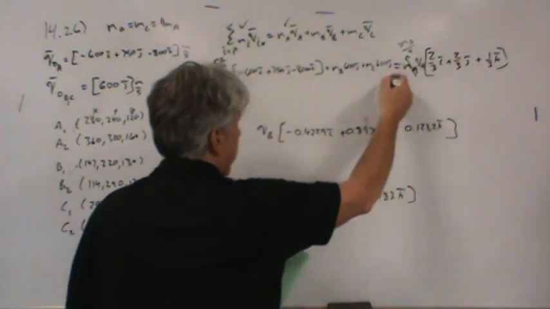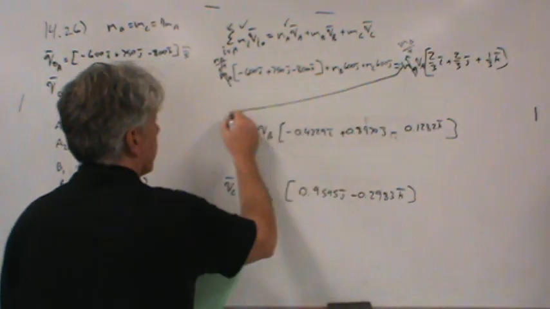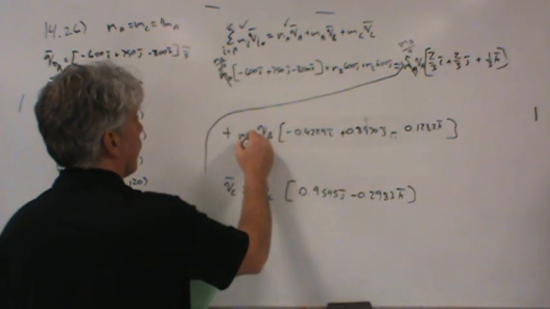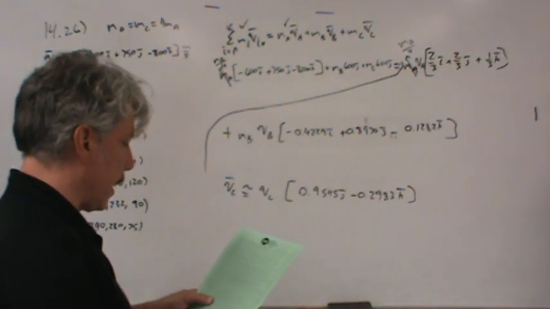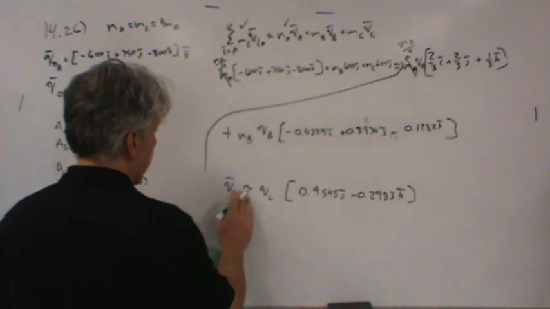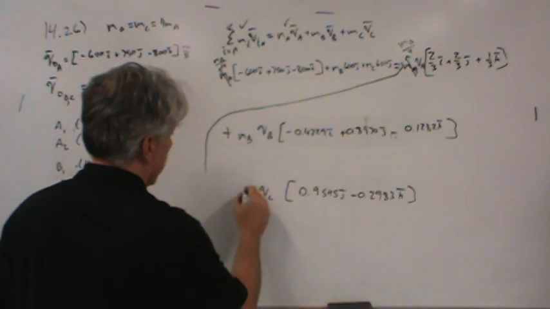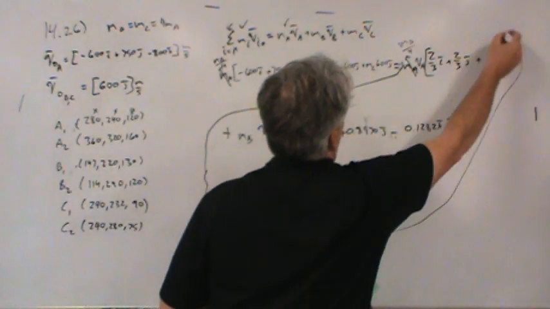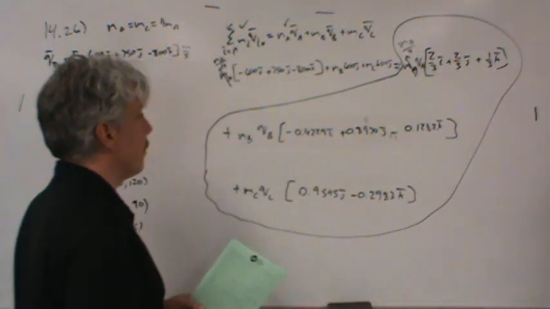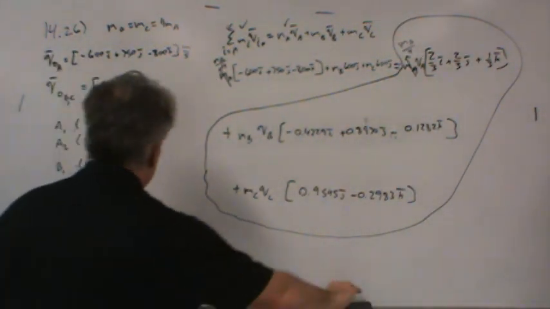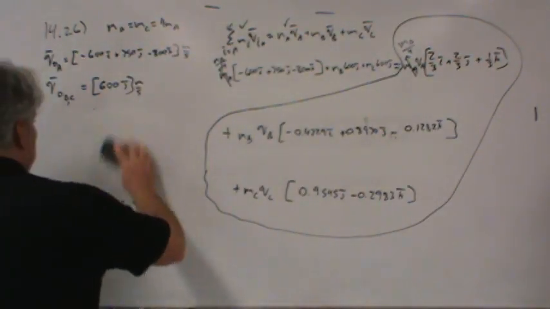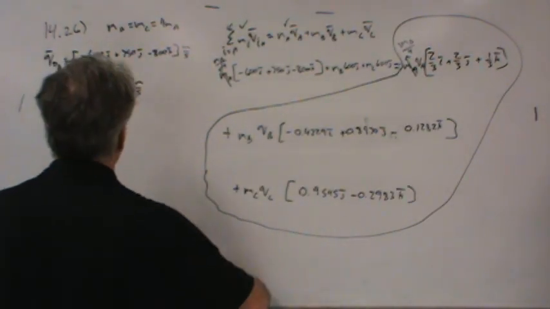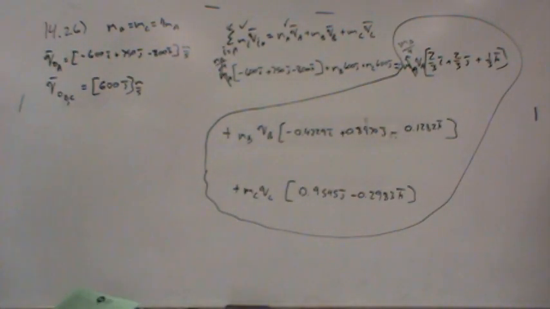Notice this all goes on the right-hand side. All of this goes together: the mass of B times this velocity. Do the same thing, take the mass of C and add that in. Now this is all the right-hand side of my equation. And now I don't need these points anymore, so let's get rid of those. In fact, I haven't needed them for a little while. Okay, so what do we see?